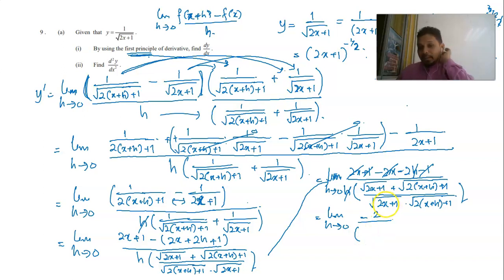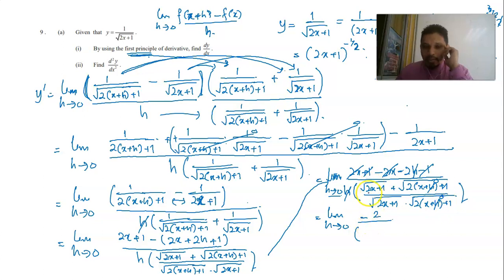Now it's time for us to substitute the value of h approaching 0 here. So let's substitute h with 0. Here is also h equal to 0.